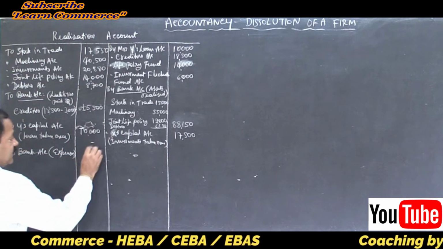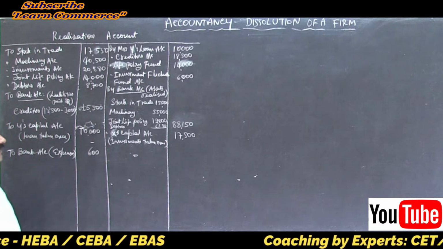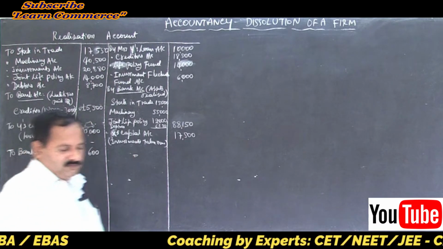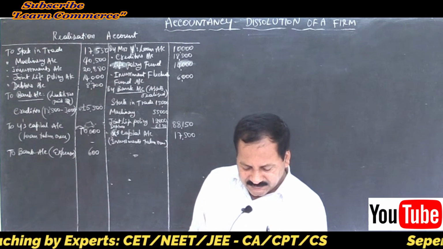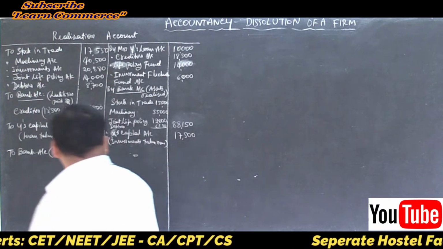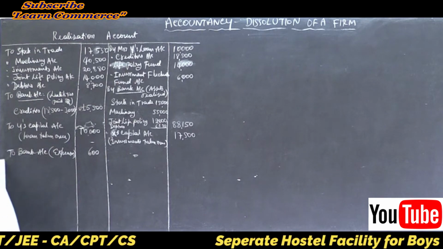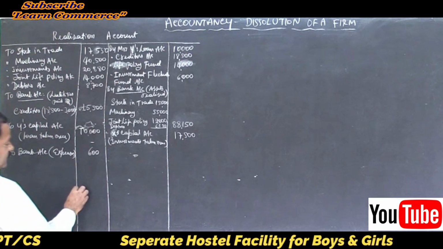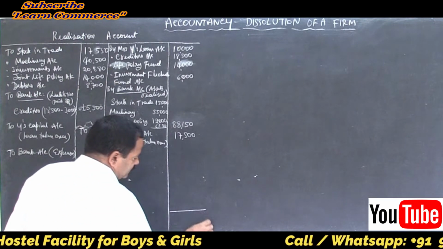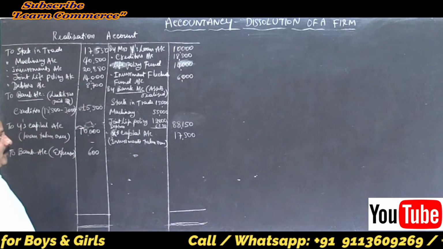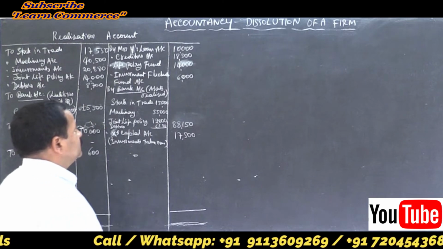How much? 600. Anything else? That's all. Close it. Find out the difference. Find out the difference, see whether it's profit or loss, and share it among the partners.